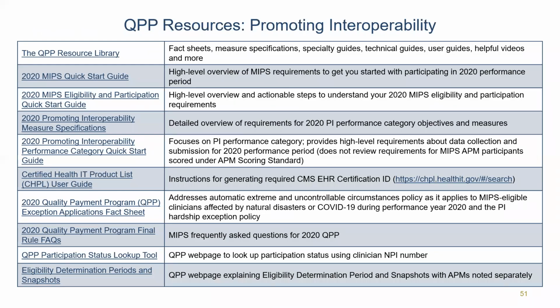We've also included a number of additional links. The QPP resource library has hundreds of documents, and it also has a nice search capability, so you can search just for MIPS and just for the PI category, and it will give you a number of different resources to help you as you learn about this category.